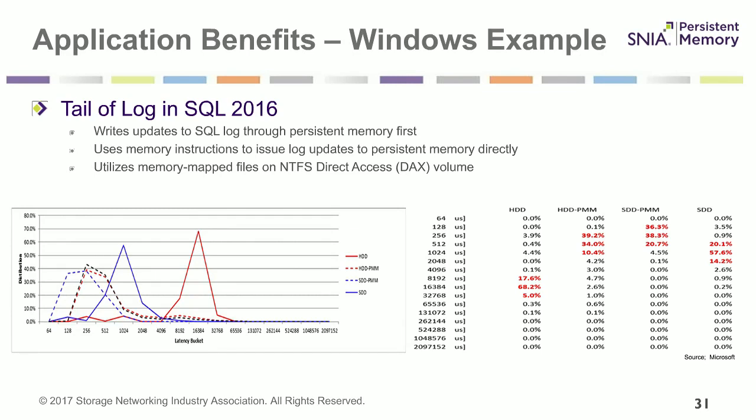So here's an example. This is a server loaded with the Windows operating system on it. It's a logging function, a SQL database, and it's a bit hard to see in this particular chart, but what you're seeing here is 4 different levels. On the far left, the dotted blue line and the dotted red line are NVDIMM-enabled systems combined with either a rotating drive or a hard drive, and the scale of access on the bottom is logarithmic.